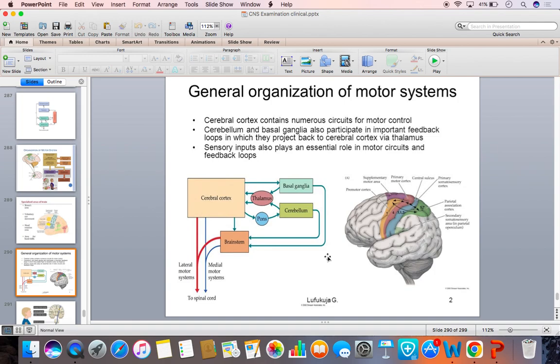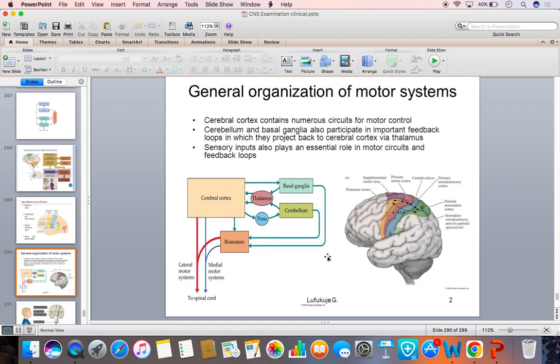So cerebellum and the basal ganglia also participate in important feedbacks, which form loops, which in turn give feedback to the cerebral cortex by ascending fibers from the lower centers to the cortex.